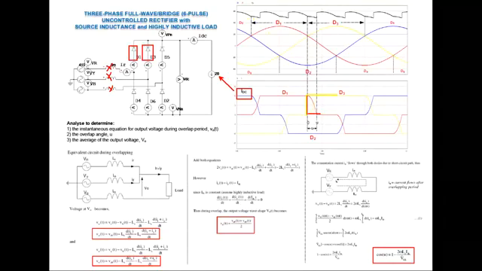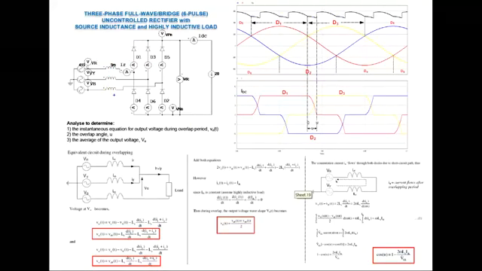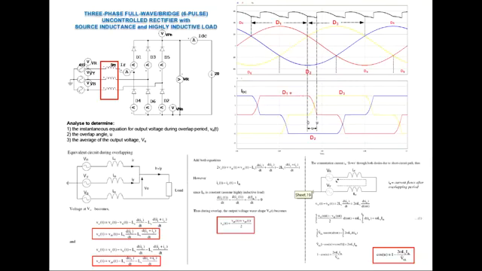And for the output voltage, we're going to see a nice 6-pass output voltage for a 6-pass rectifier, isn't it? But now, due to the existence of the source inductance, the current doesn't switch from D1 to D3 instantaneously.